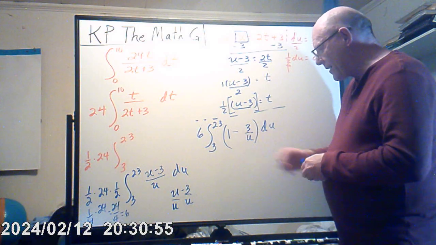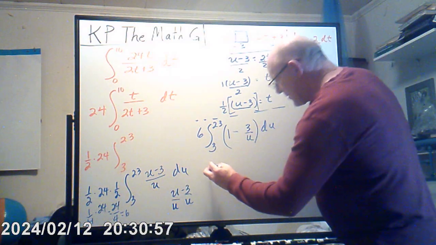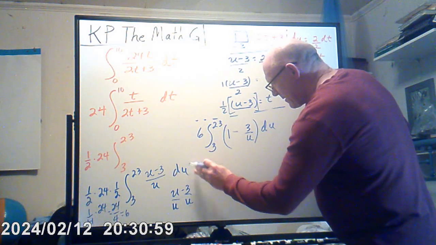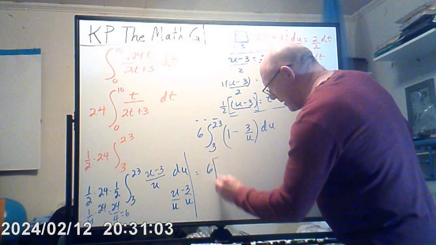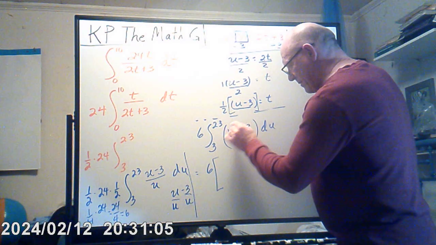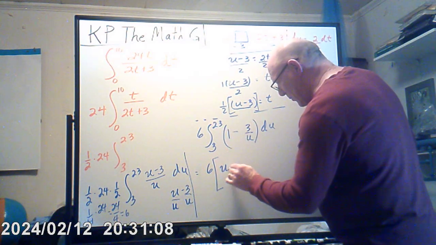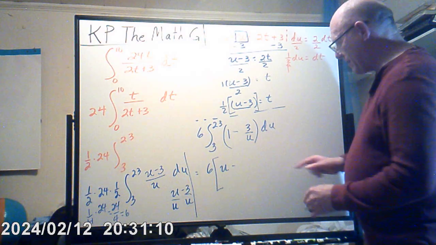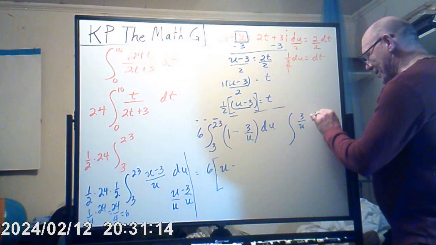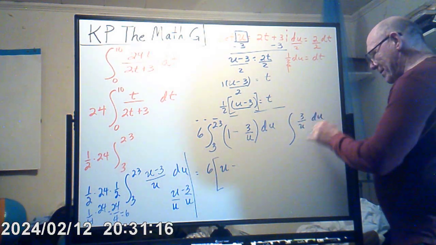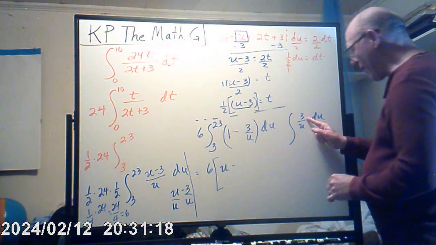Alright, so now let's do this. I've got 6 right here. 6 times the antiderivative of 1 is just u. Now, if I were to take 3 over u du, do you remember what this is?